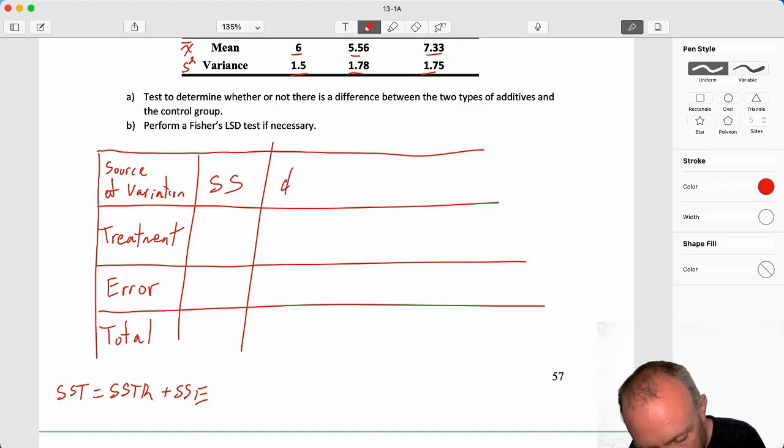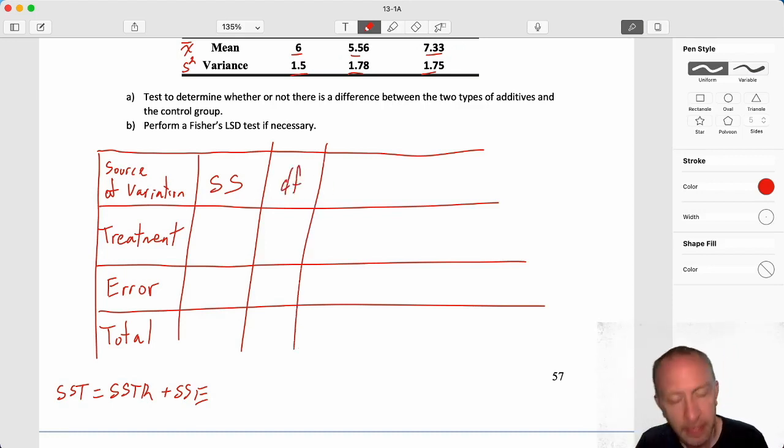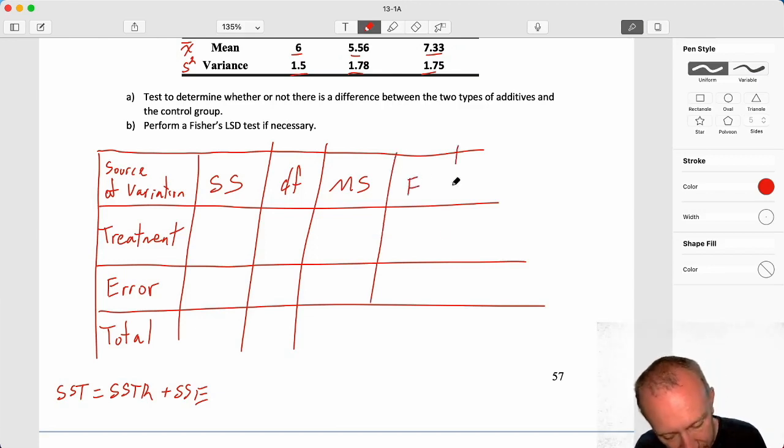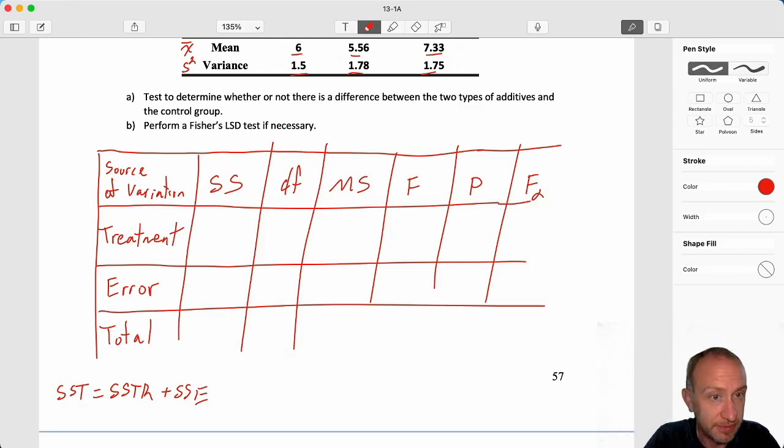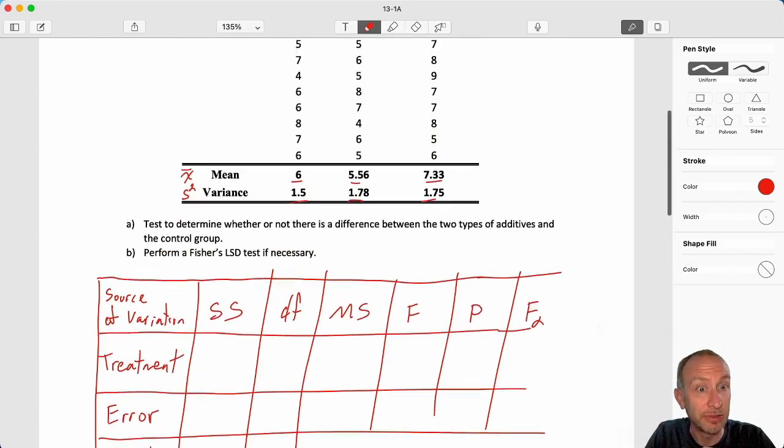We'll have our degrees of freedom. When we divide those sums of squares by degrees of freedom, we get the mean square. Then we'll have our F. Then we'll have our P. And then we can also include in here our critical value. So this is the table we're going to fill out to come to our final conclusion.